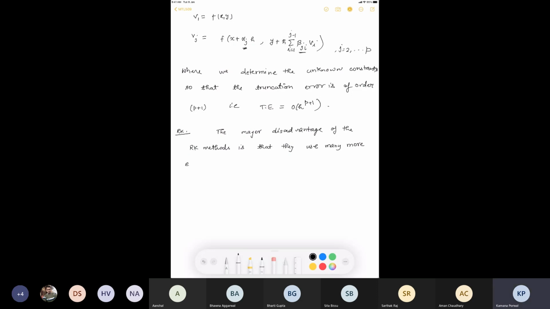So evaluations of the f, which is nothing but the derivative of y, right? So evaluations of f to attain the desired accuracy.